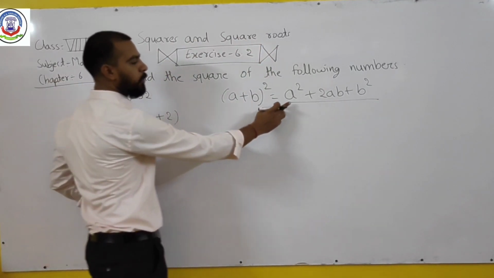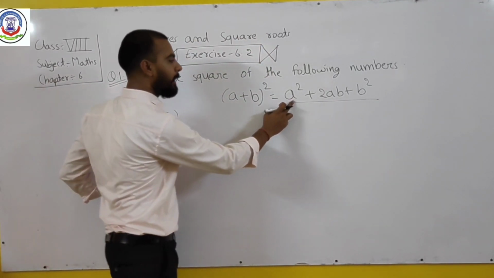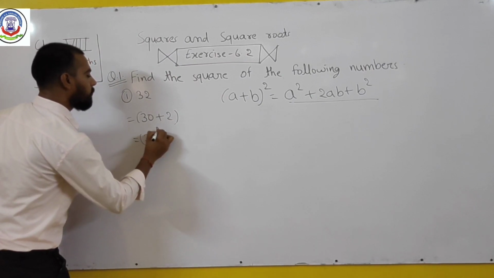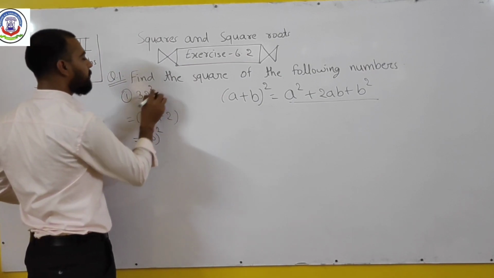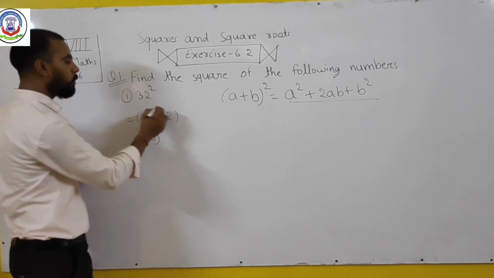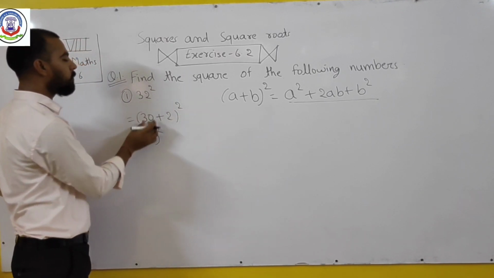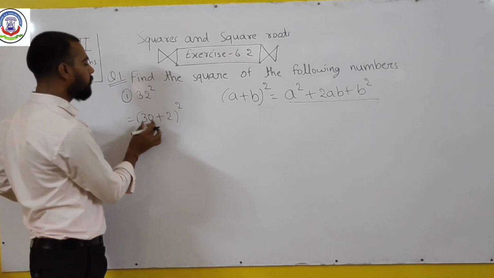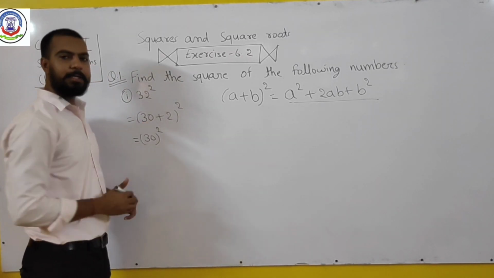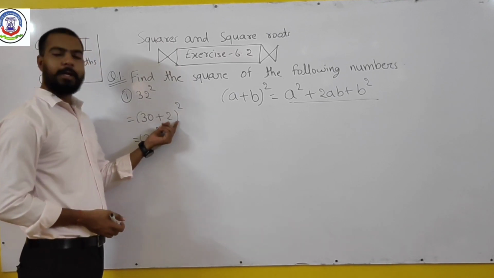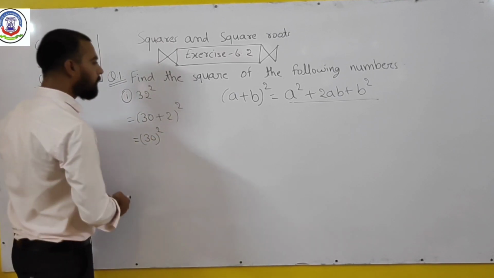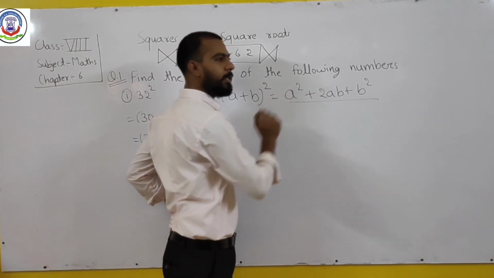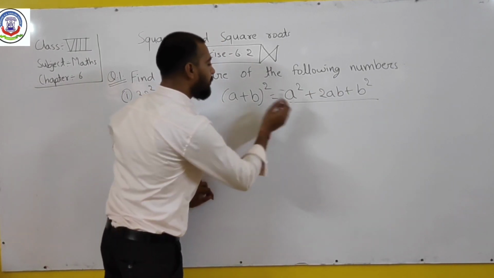In this formula we have A square, that means 30 square. We are finding the square of 32, and 32 means 30 plus 2, where 30 is our A and 2 is B. The formula is A square plus 2AB plus B square.